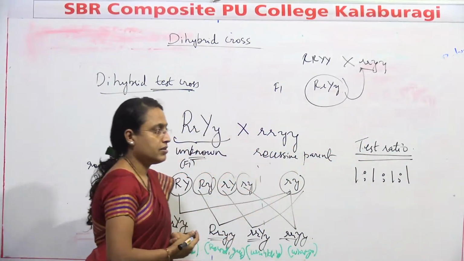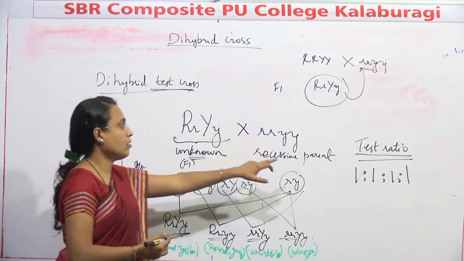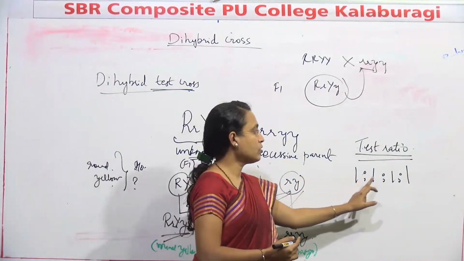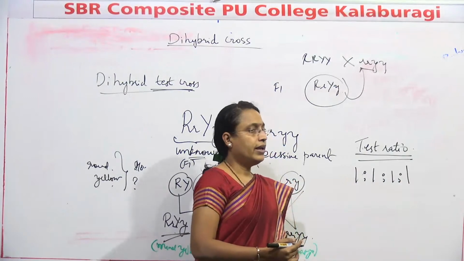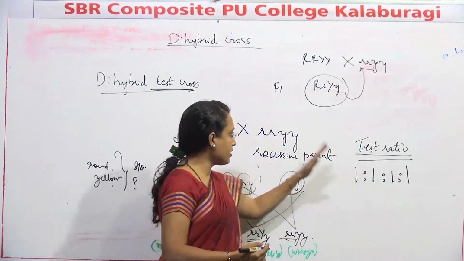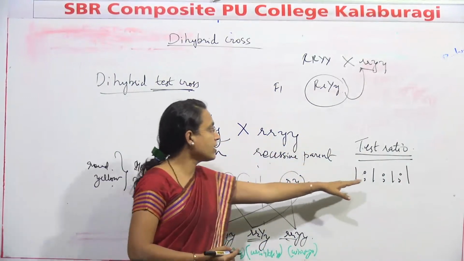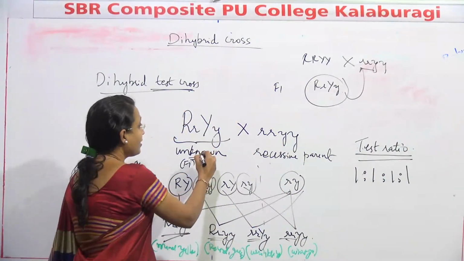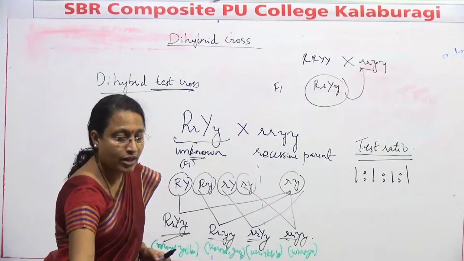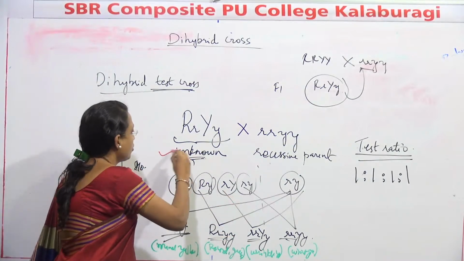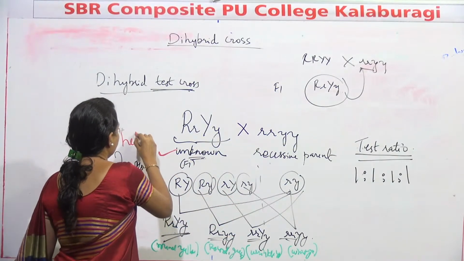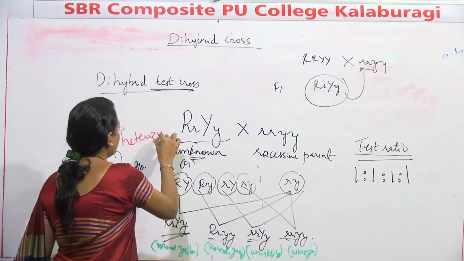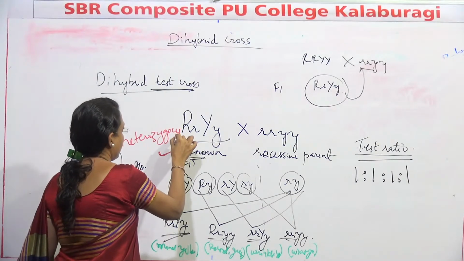It means the dihybrid test cross is nothing but 1 is to 1 is to 1 is to 1. If this is the outcome of this cross, it means that this unknown plant, which they were trying to find out, this unknown plant is heterozygous.